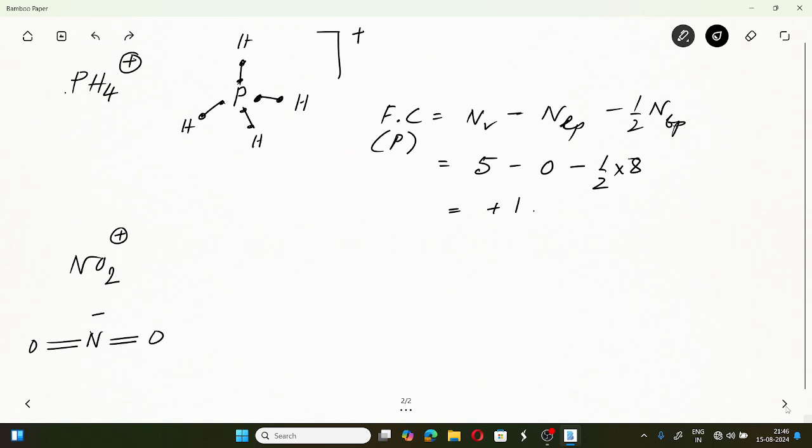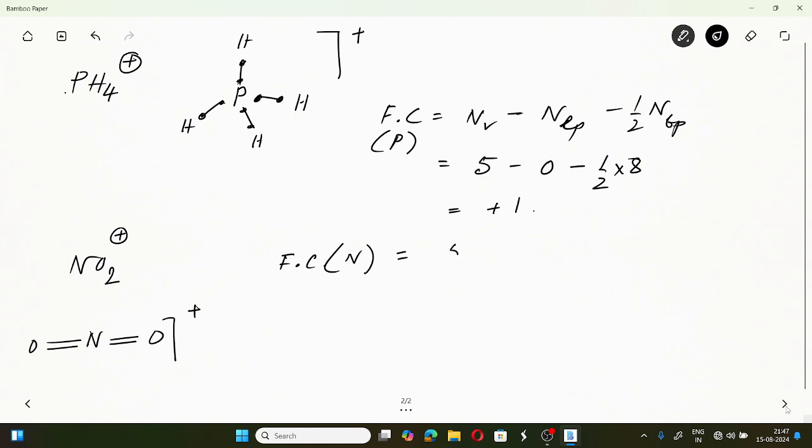Let us keep the charge outside, NO2 plus. If we want to find out the formal charge over nitrogen, it will be given by Nv.